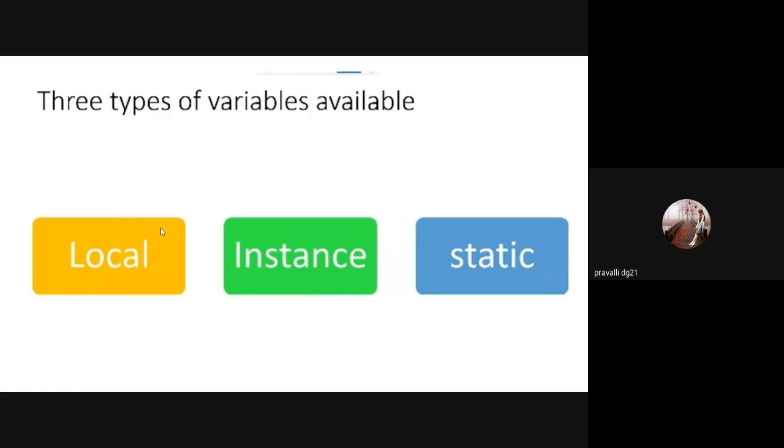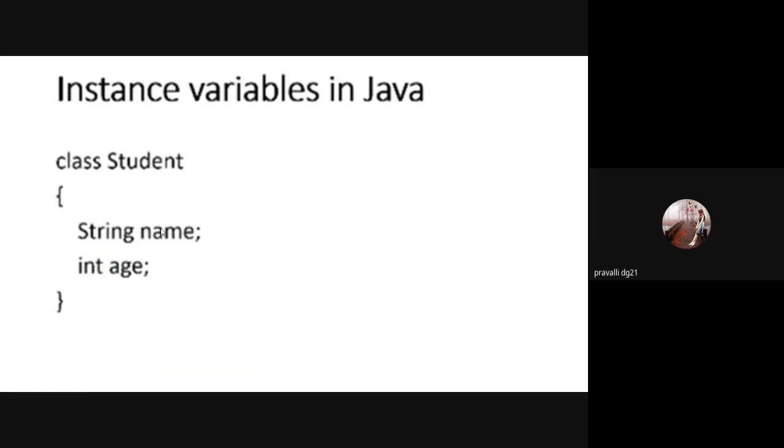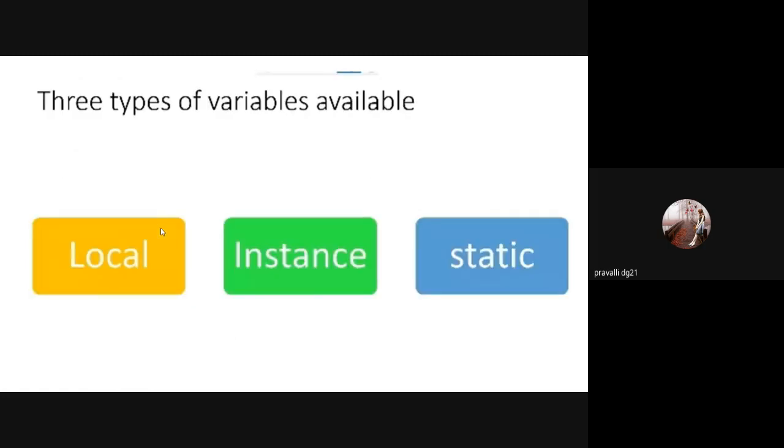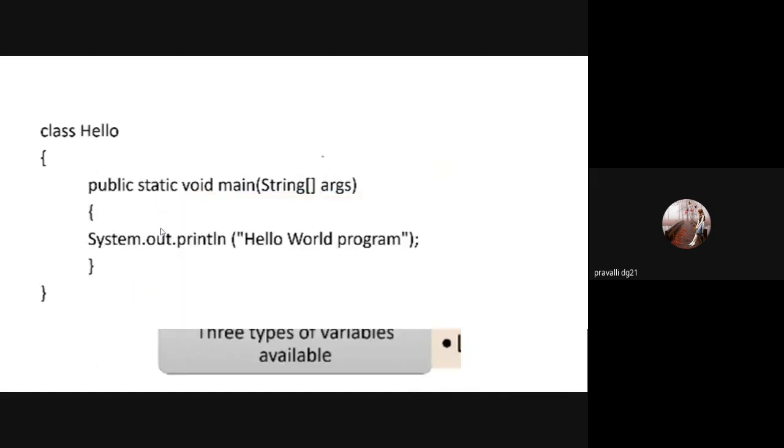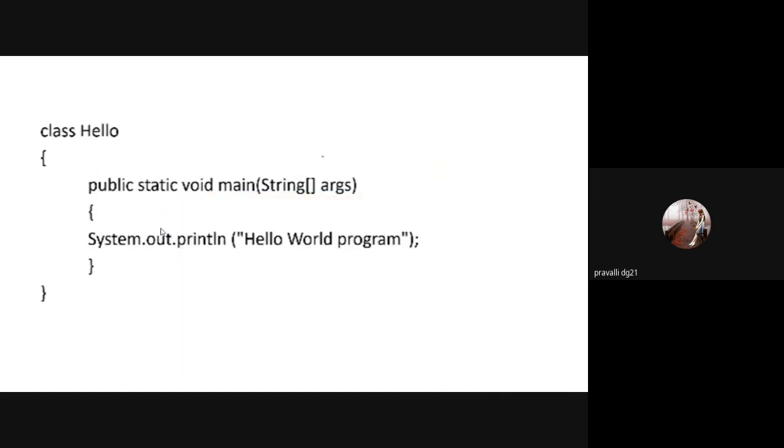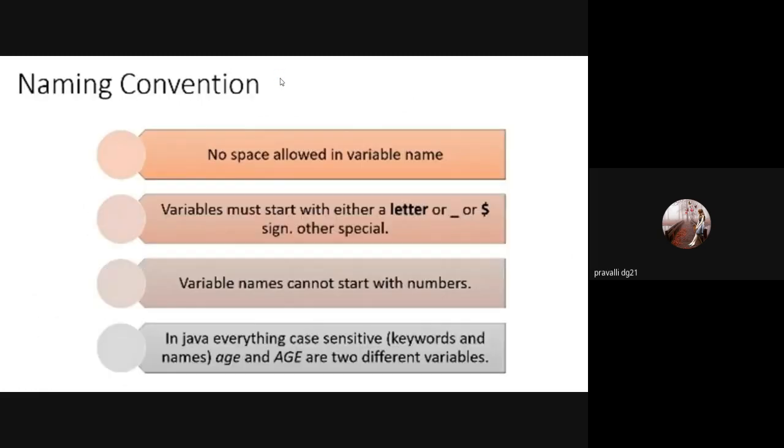The class is not aware of any variable scope inside a method. A local variable cannot be defined with the static keyword. Here you can see this is what is called a local variable.